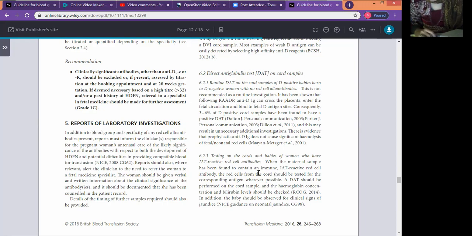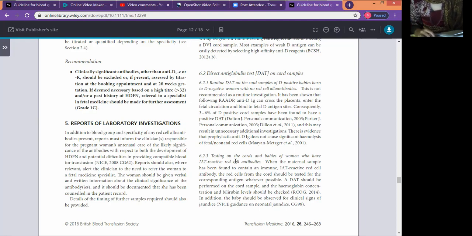Hemoglobin concentration and bilirubin should be checked. In addition, the baby should be monitored for clinical signs of jaundice, and the hemoglobin, bilirubin and LDH should be monitored in the child.